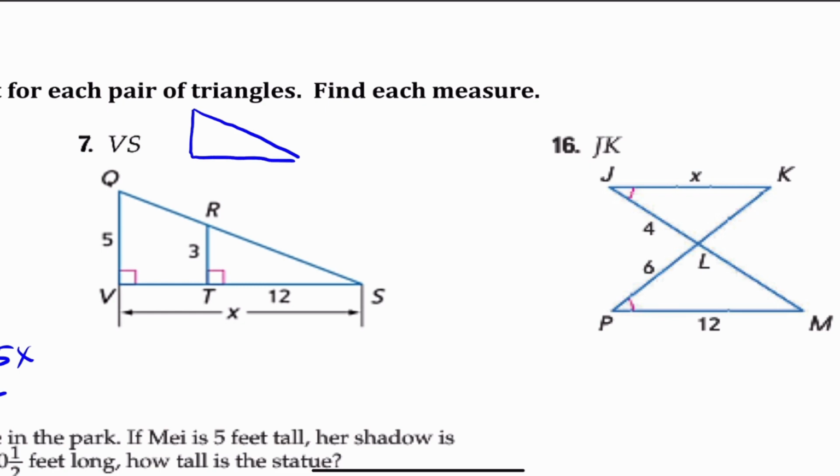Here's my bigger triangle. It's going to be QVS. It's a right angle. And then I have my smaller triangle, which is RTS. Notice that QV is 5.